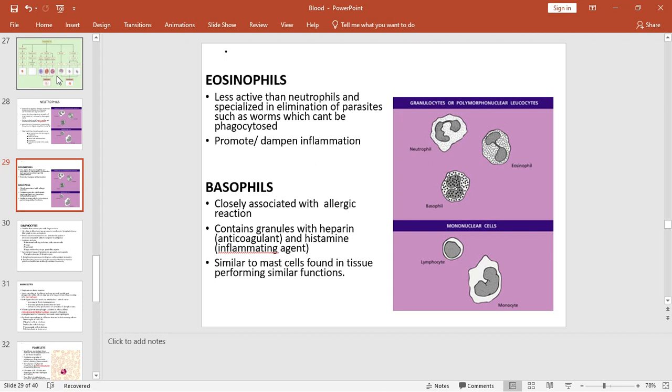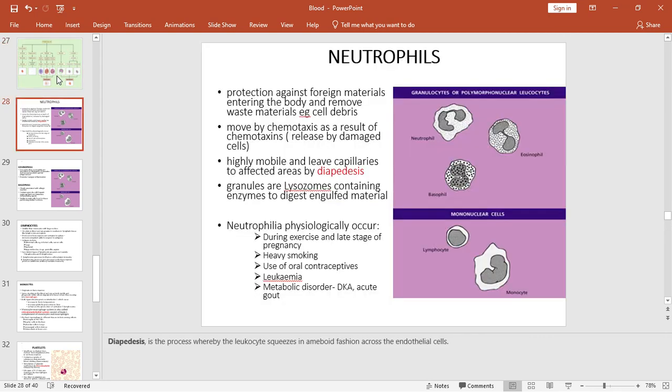So one of the causes of abnormal number will obviously be an infection. For instance, I actually skipped this much detail because I wanted to move fast. If you look on slide 28, we're talking about neutrophilia. So this is the cause of an increase in number of neutrophils. We're just taking an example, all right?